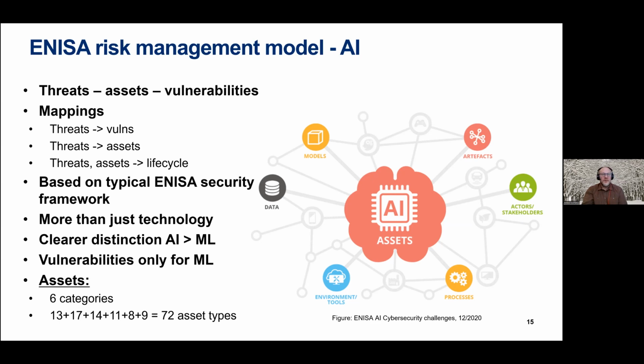This is also more than technology. However, the current risk management is divided into two parts in ENISA. There are two documents, one for general AI and another one for pure machine learning. The more general one starts with being general AI, but then the vulnerabilities are only addressed for machine learning.